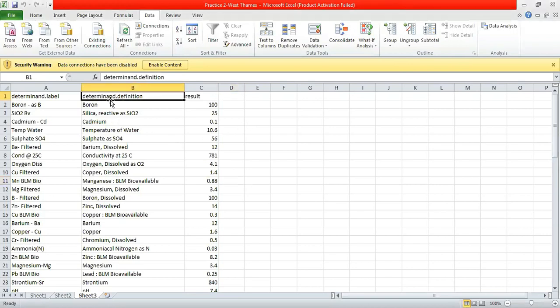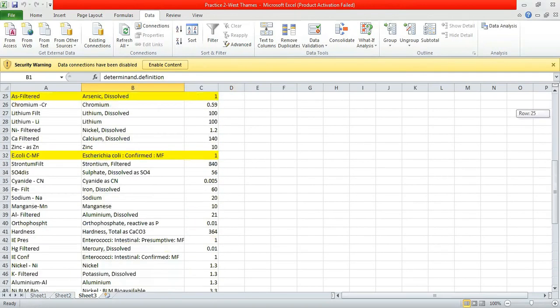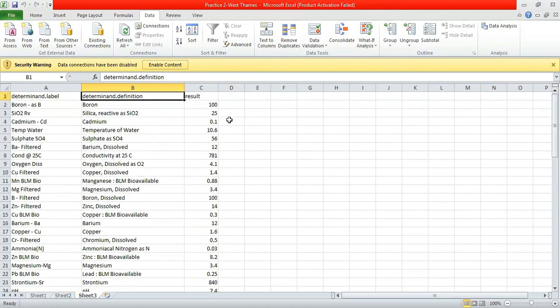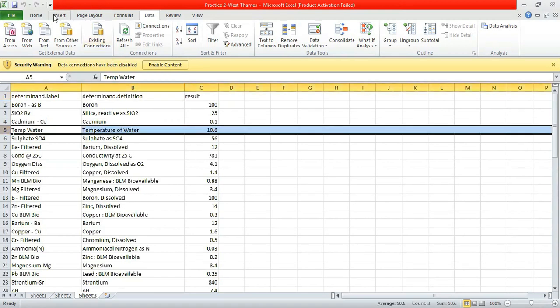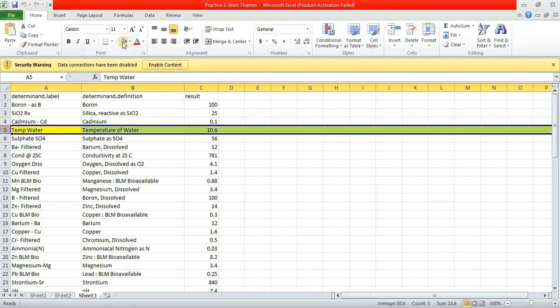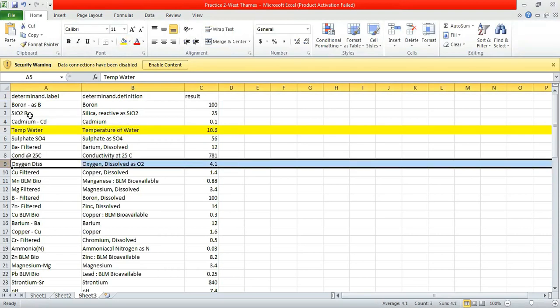So now we can decide to maybe highlight the particular parameters we need. So we can say we want this. We go to home and then we highlight it. Okay. That is temperature, and we have this of oxygen.